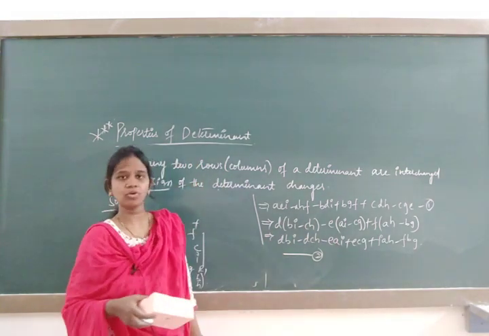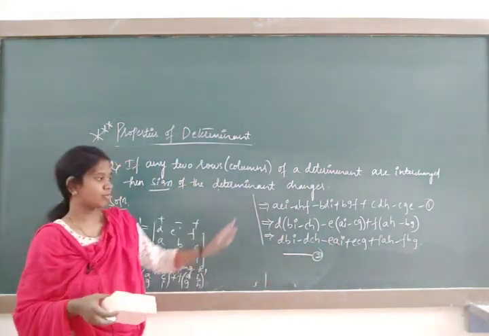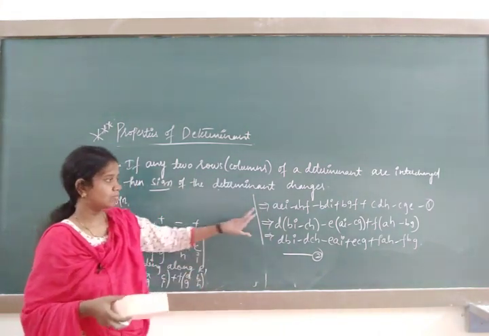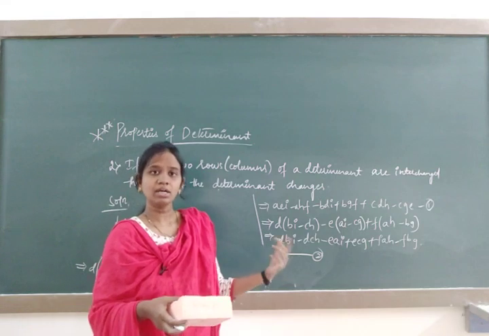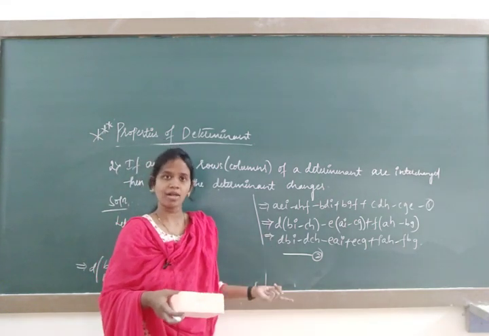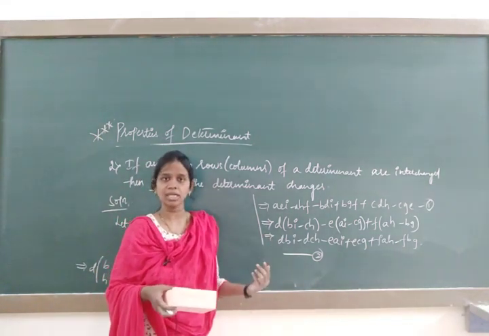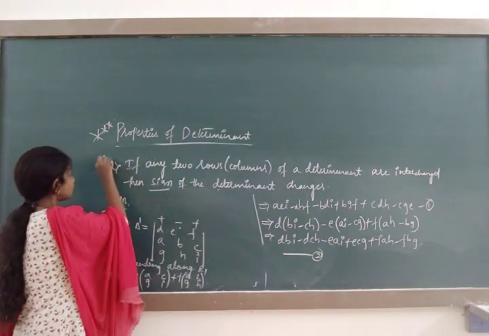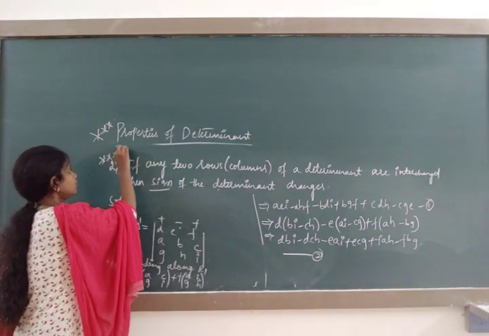Remaining everything you can observe. Therefore delta equals minus delta dash. If any term in equation 1 is positive, the same value will have the negative sign in equation 2. Put a star mark on this and write 2 marks.